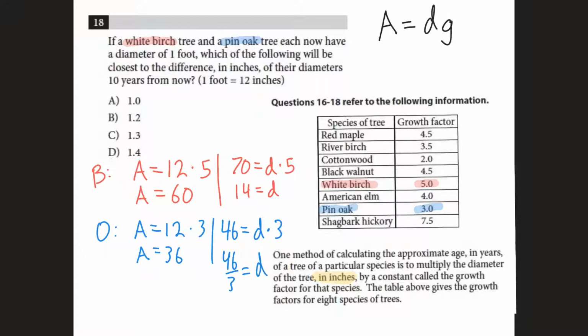Pull out a calculator, 46 divided by 3, 15 and a third inches diameter. Okay, so now the question is asking what will be the closest difference in inches? Well, the difference in inches is going to be 1 1/3. The oak is 1 1/3 inches larger than the birch, so our answer would be C.